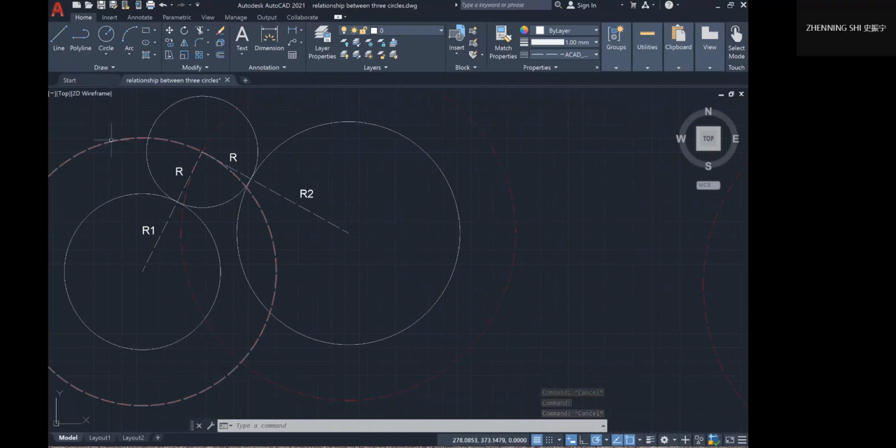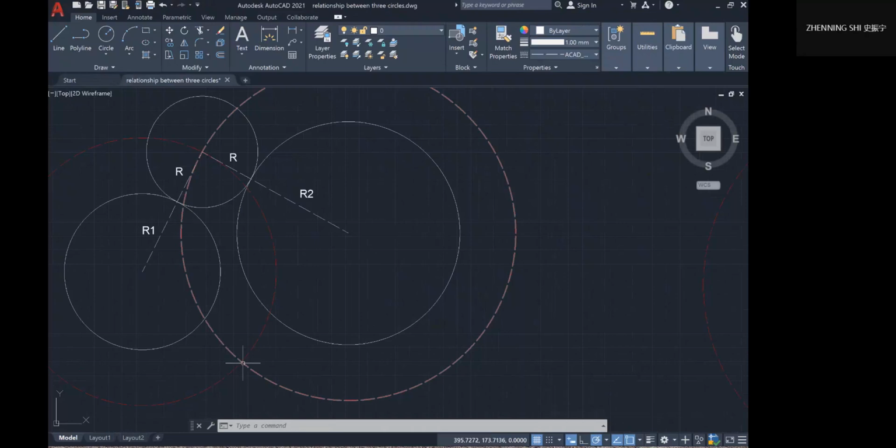If you get these two circles, you will get two cross points. Each one is a position of the center of R. Okay, so now I choose this one.